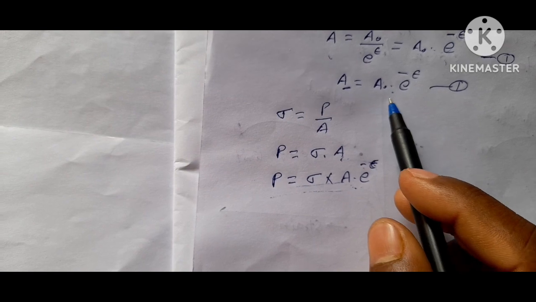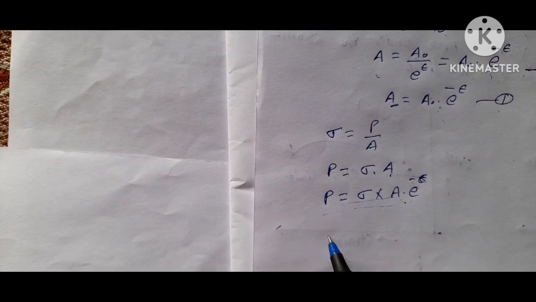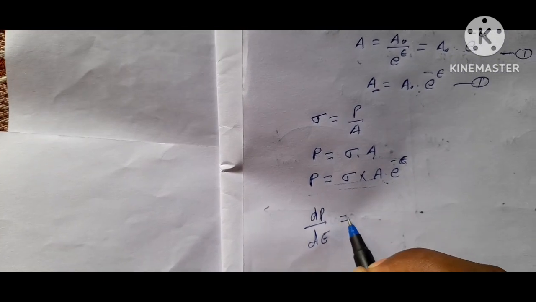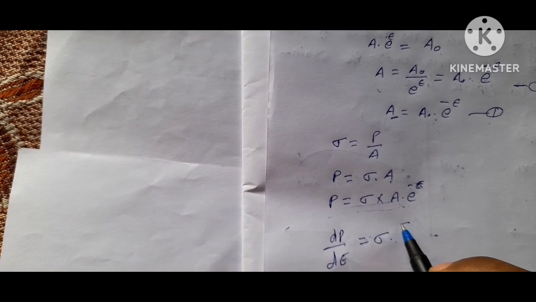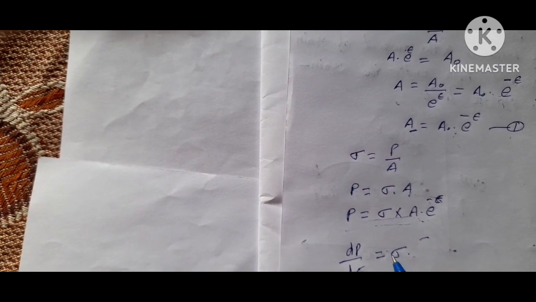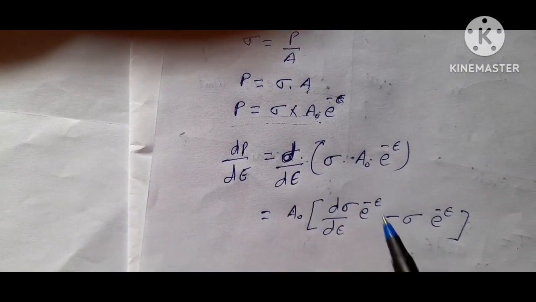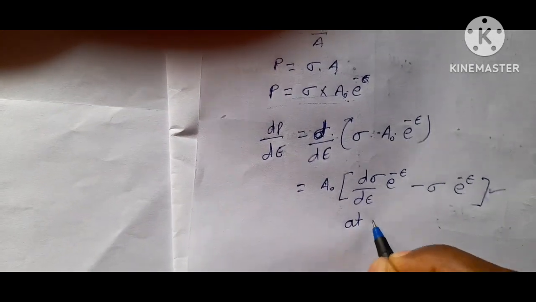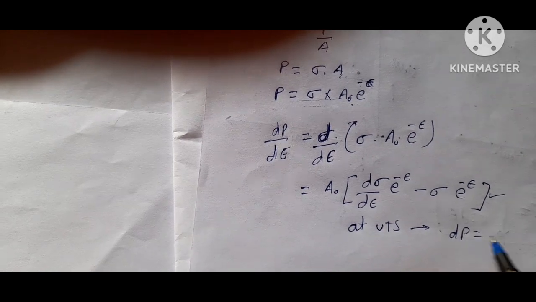After calculating you get dP/d epsilon equals A0 into the bracket, and at UTS, dP equals 0.